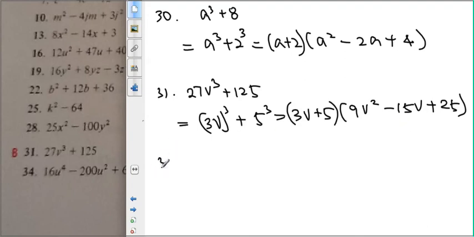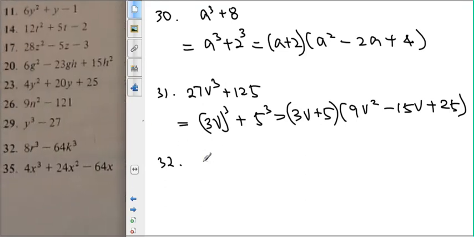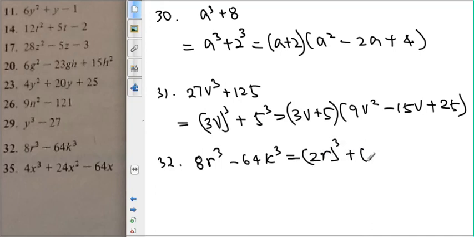Number 32. 8r cubed minus 64k cubed. If I were to rewrite this one as the sum of perfect cubes, then we get 2r entire thing to the third power plus negative cube root of 64, which is 4, because 4 times 4 times 4 is 64, or negative 4 times negative 4 times negative 4 is equal to negative 64.